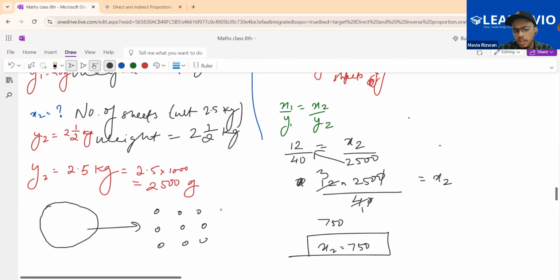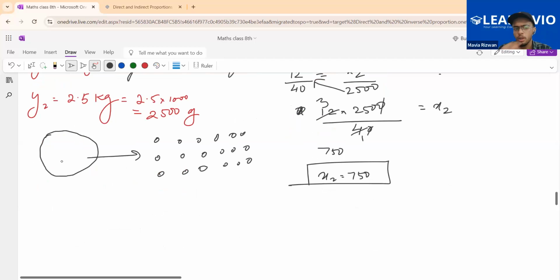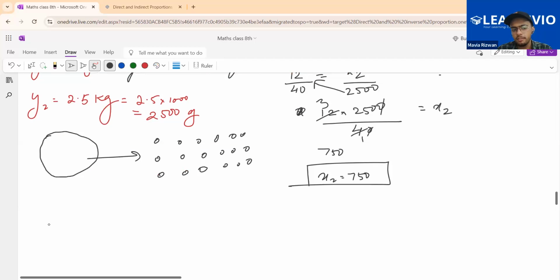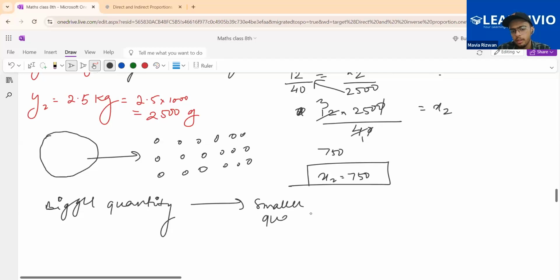Yes. So always remember, whenever we have to convert a bigger quantity into a smaller quantity, then we multiply.